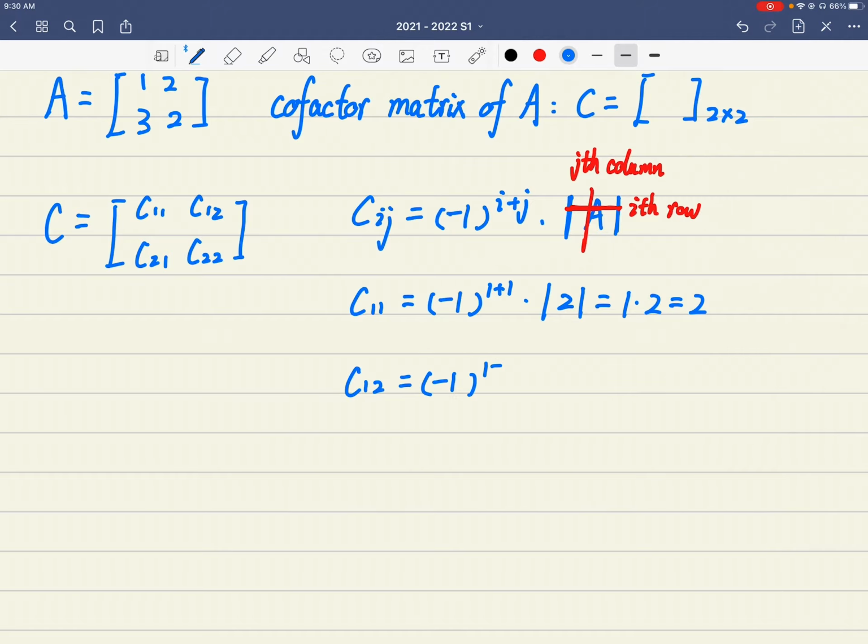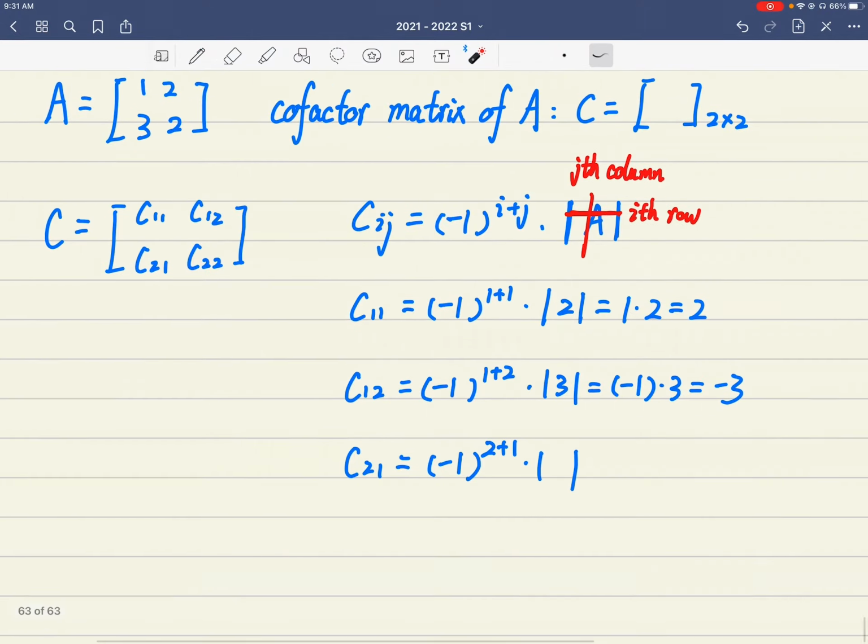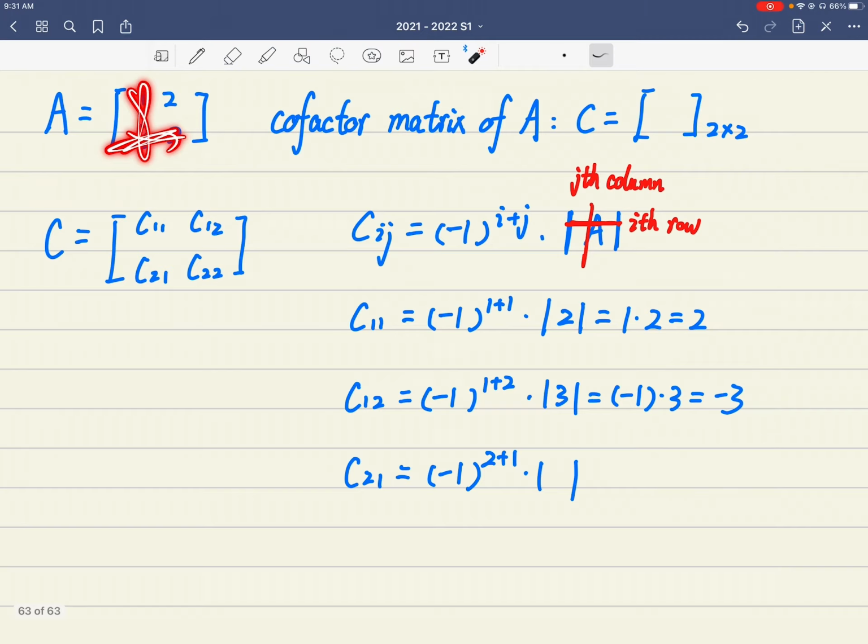C12, it's -1 to the power of 1 plus 2 times the determinant of, after you delete, now i is 1, so first row, and j is 2, so the second column. So the remaining number is 3, which is -1 times 3, so this part is -3. Okay, C21, same thing, -1 to the power of i plus j times the determinant of the matrix after you've deleted the second row and first column.